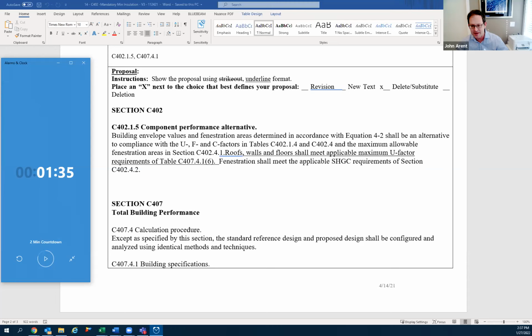That last sentence should be clarified. It's not incorrect, but we want to maintain the existing requirements for fenestration. Okay, thank you. Taylor, if that's all you had, I will go ahead and put you back to the community.